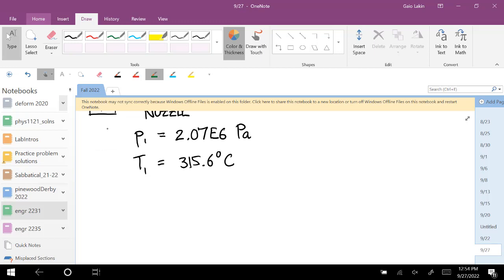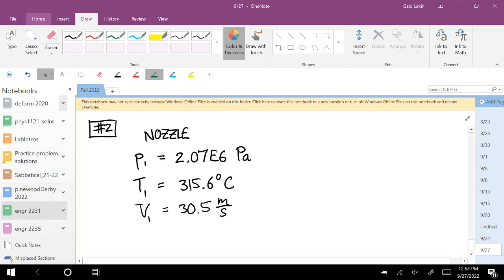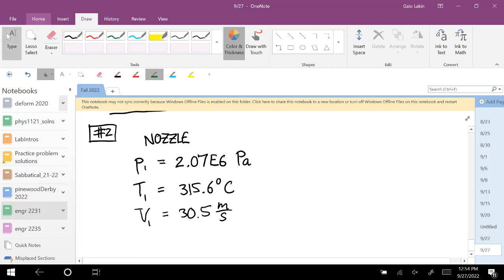It says that the starting speed is 30.5 meters per second. All right, this is a nozzle, so what's going to be happening at the exit with the pressure and the speed? Those are opposite each other. So if you can think of the speed, then the pressure is opposite.